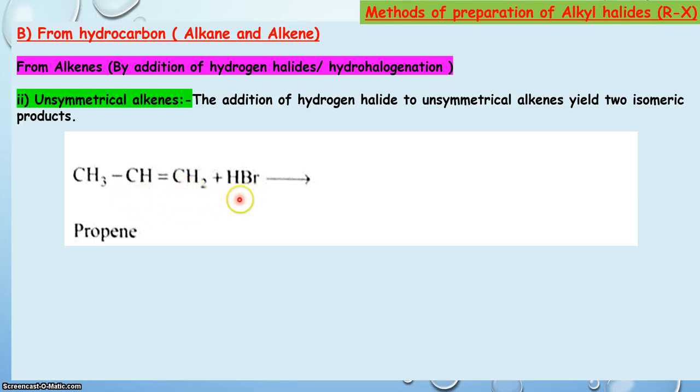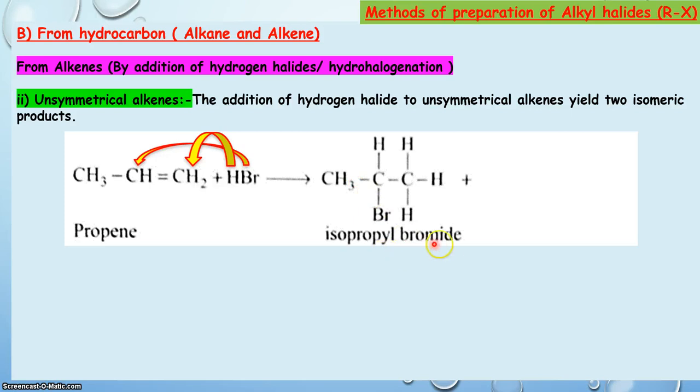So there are two ways to add this HBr. Here we can add Br to this carbon atom which carries the fewer hydrogen atoms, and hydrogen will be added to this carbon that carries more hydrogen atoms. By using this way, the product we will get is isopropyl bromide.